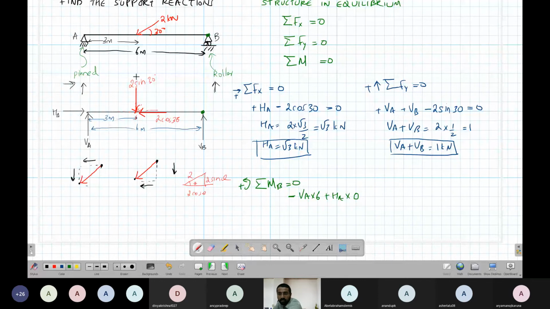Then we have 2 sin 30 into this distance, which is 3. It's better if I write here. 2 sin 30 is 2 into half equal to 1. This is root 3.